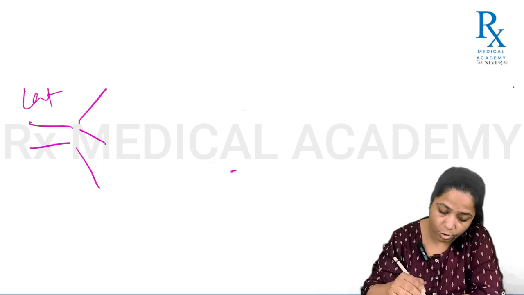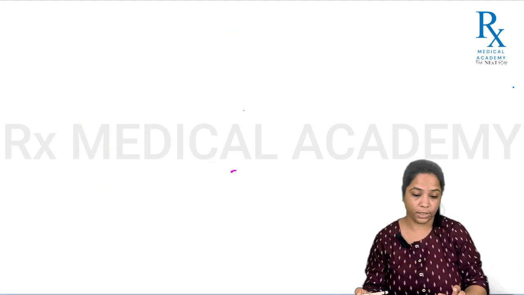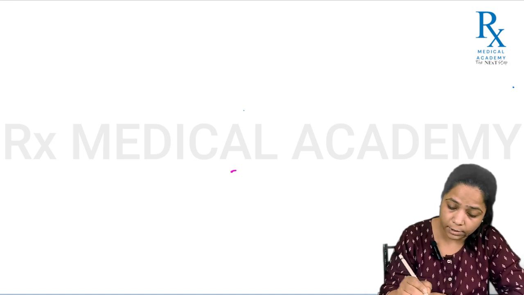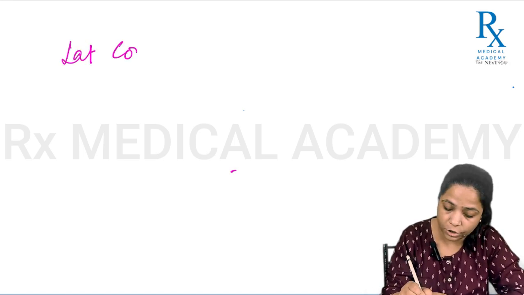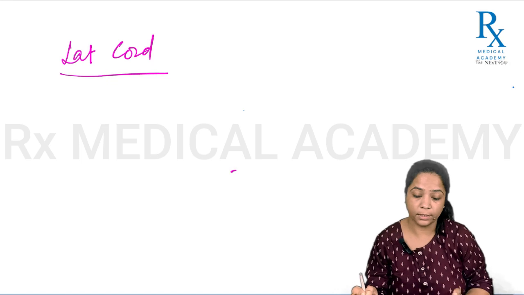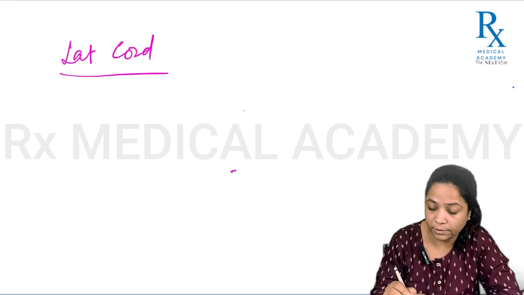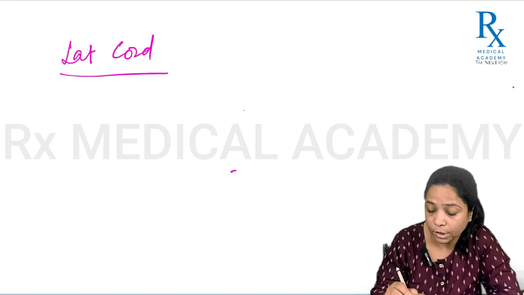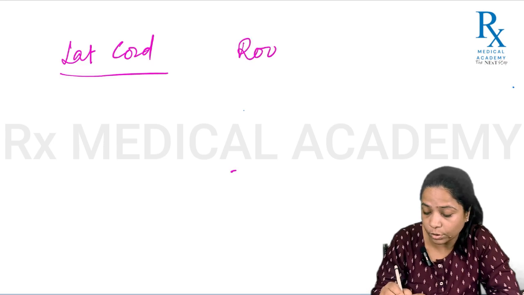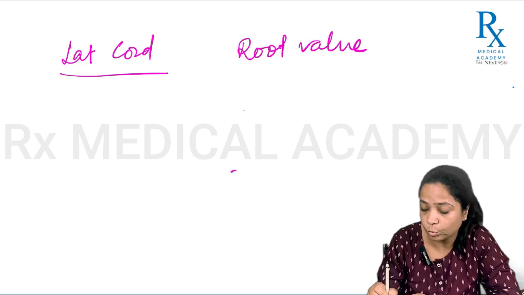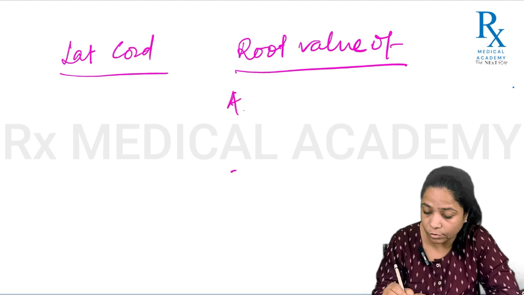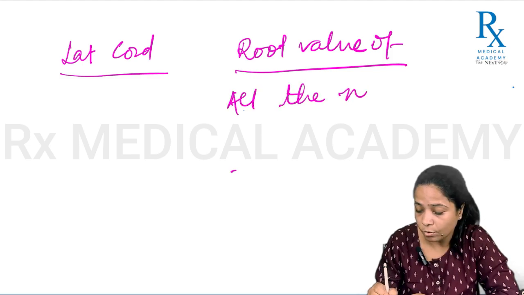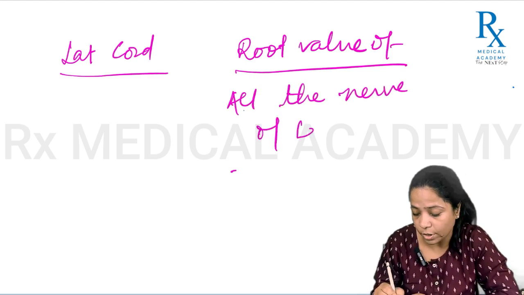You have to remember the nerve root values of these branches. In general, the lateral cord is formed by the anterior divisions of the upper and middle trunks, so the root value of all the nerves of the lateral cord is the same.